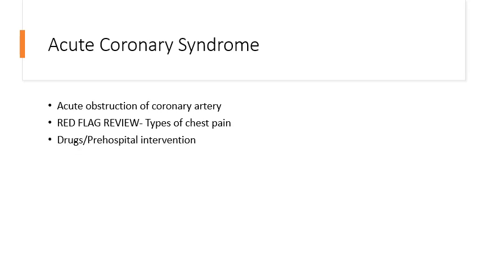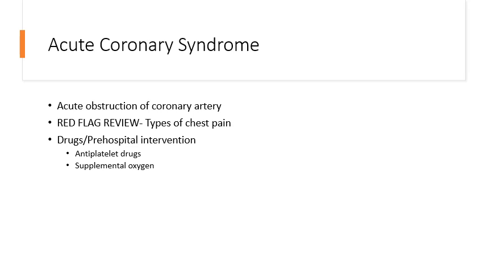So the drugs and pre-hospital interventions related to acute coronary syndrome. Again, antiplatelet drugs. 81 milligrams of non-enteric coated aspirin can be administered, and that is a very basic antiplatelet that can be utilized. Make sure to be aware of administering supplemental oxygen.